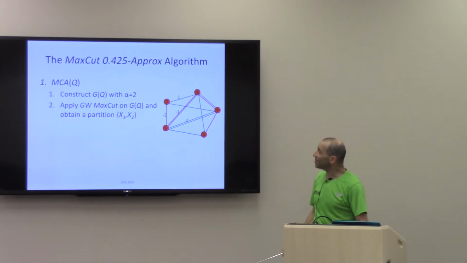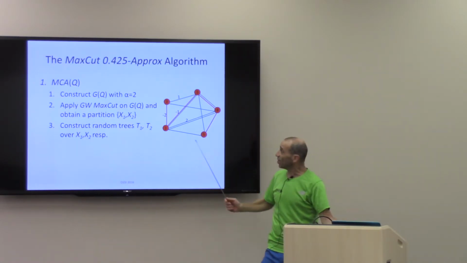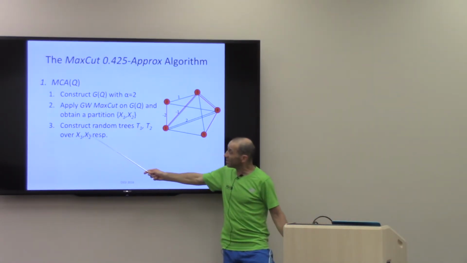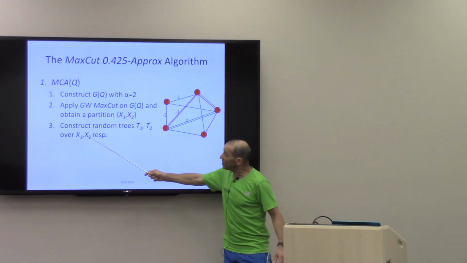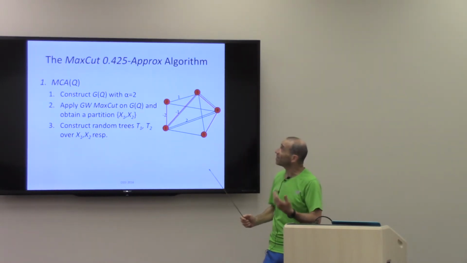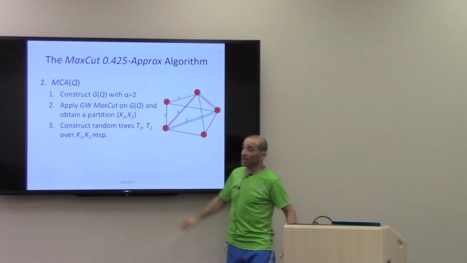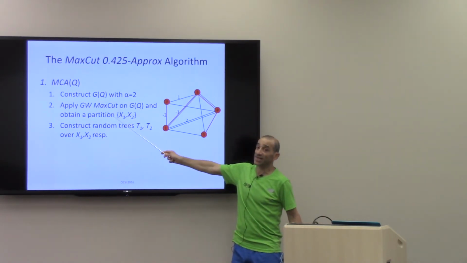Now the only thing we do is we construct random trees over these guys and these guys separately. So we get a third from these guys, and the profit that brought us over a third is just the max cut here.